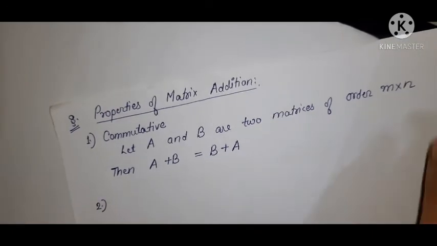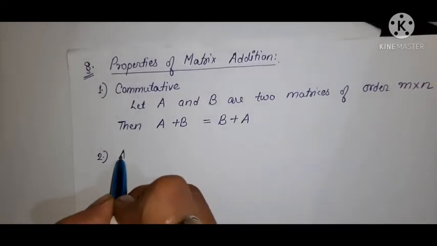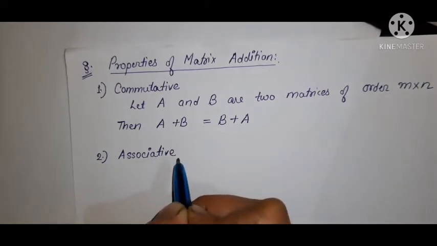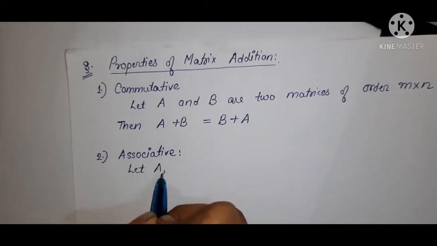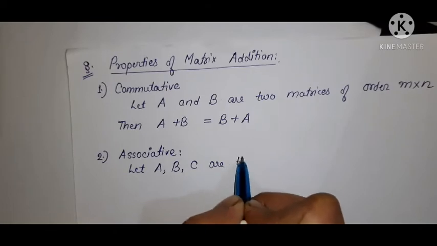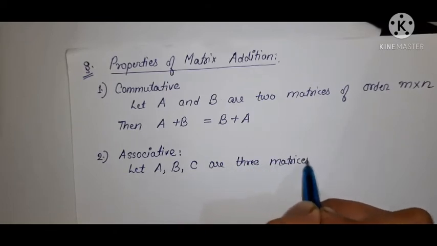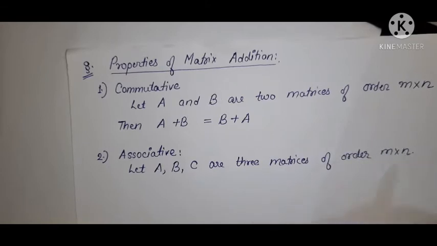Next one is associative. Let A, B, C be three matrices of order m cross n.